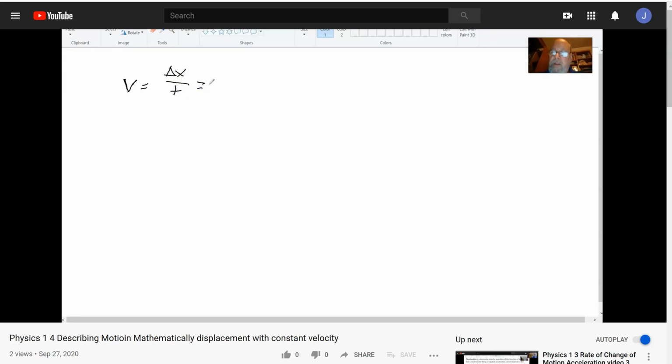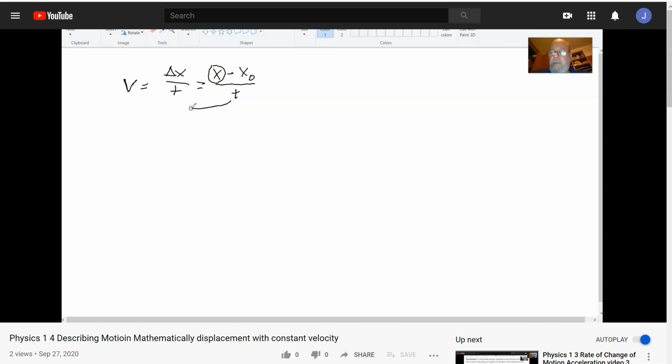And we know that we can expand delta x because it's the change in position, right? So it's the final position minus the initial position over time. And this is a formula we want to use, and we want to create a formula that solves for how far did I go. Okay, my final position minus my initial position. How far did I go given a certain velocity and a certain time?